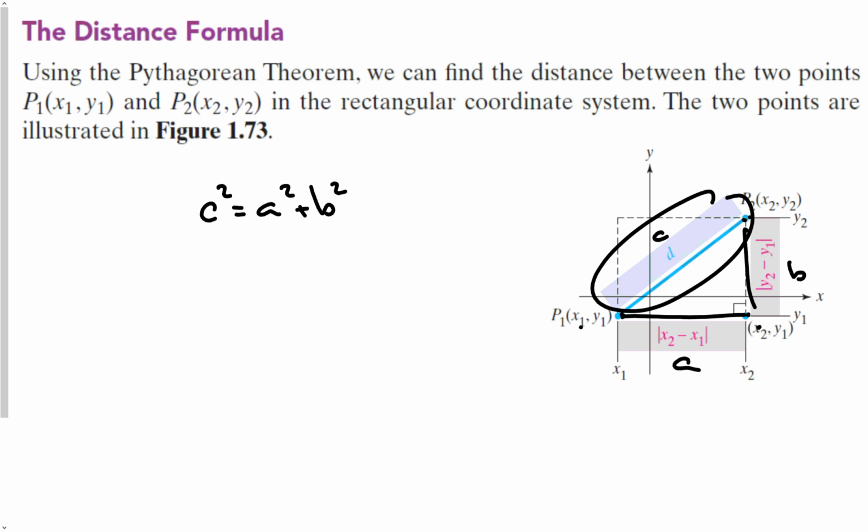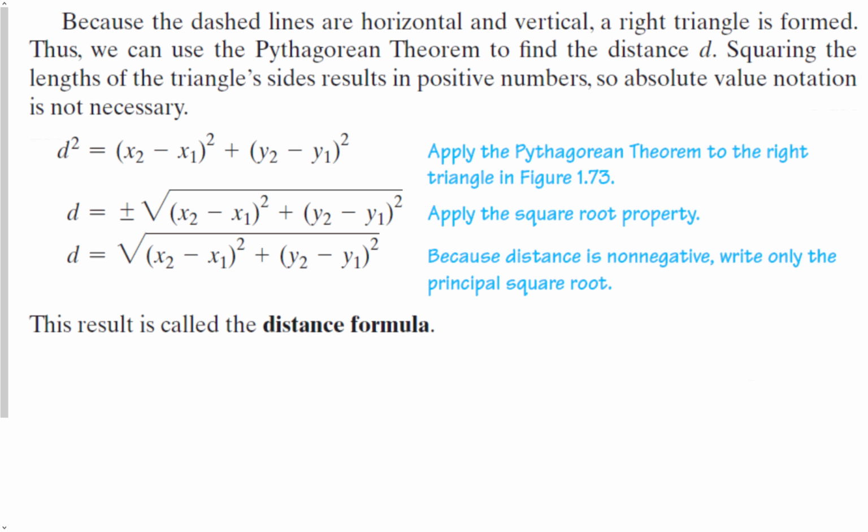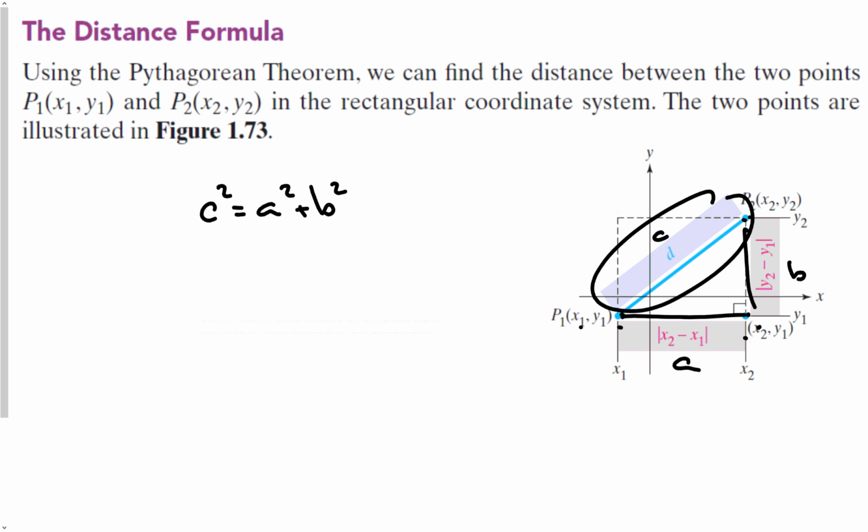So that's the definition of a right angle. Okay, so because the dashed lines are horizontal and vertical, a right triangle is formed. So we can use the Pythagorean theorem to find the distance d. Squaring the lengths of the triangle sides results in positive numbers, so no absolute value notation is needed, right? No matter where I start, it does not matter if this distance is positive or negative.